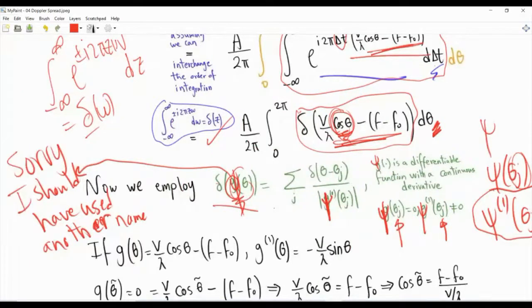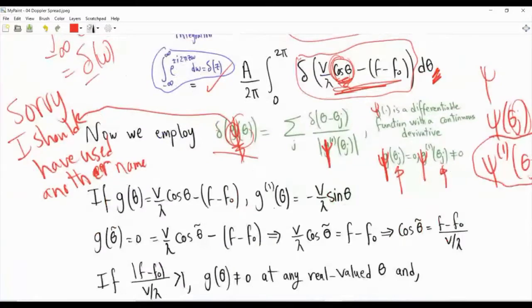Let's apply this here again. My function is psi of theta, the function inside the Dirac delta here. Its first derivative is minus v over lambda sine theta. When is this function equal to 0? We are interested in the interval from 0 to 2 pi.